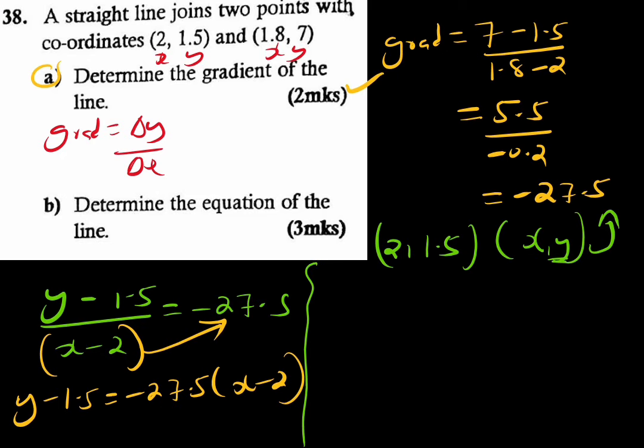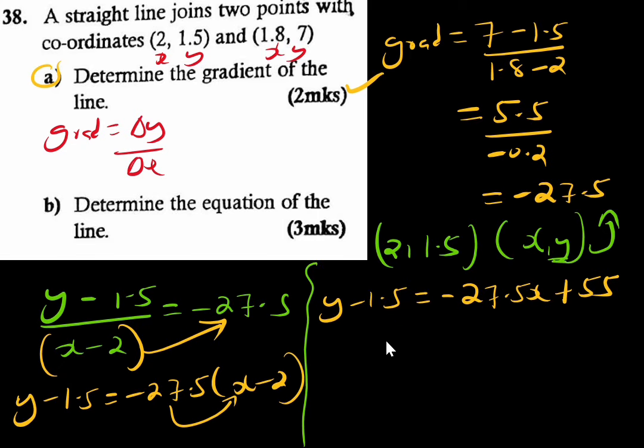So here I have y minus 1.5 is equal to, I open this side, negative 27.5 times x, I get negative 27.5x. Then negative 27.5 times negative 2, negative and negative becomes a positive, so I get plus 55. Then I take the negative 1.5 to the right, and when I cross this over, it becomes a plus.